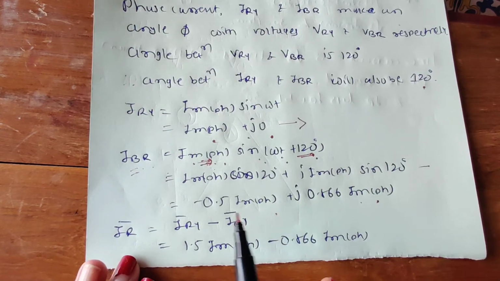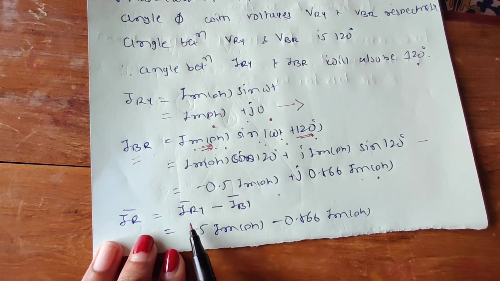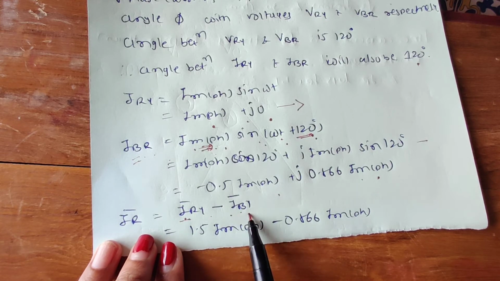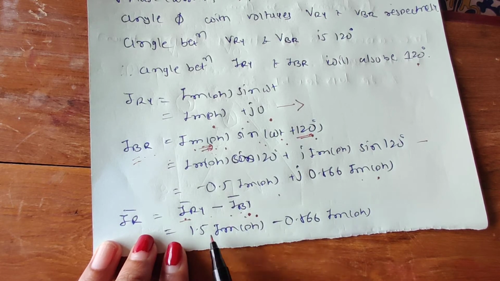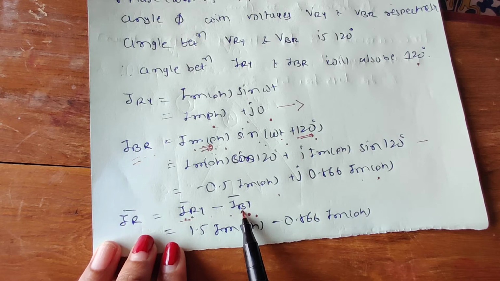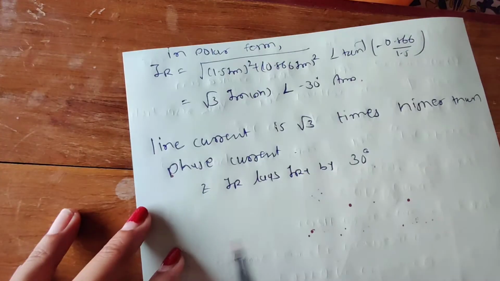Now I of R is the vector summation of two different phase currents. By considering the direction, I can write it as I of RY minus I of BR. Putting in the values of I of RY and I of BR, we get the equation in this way.